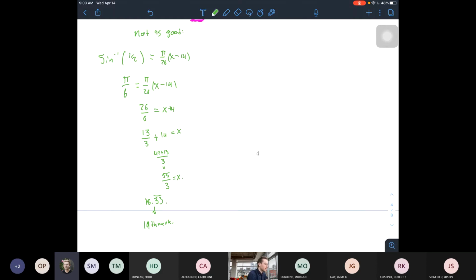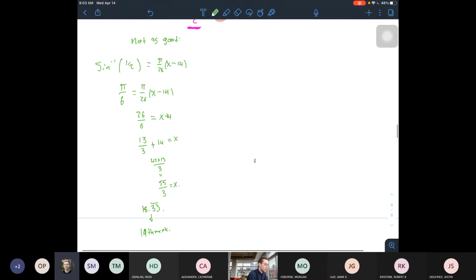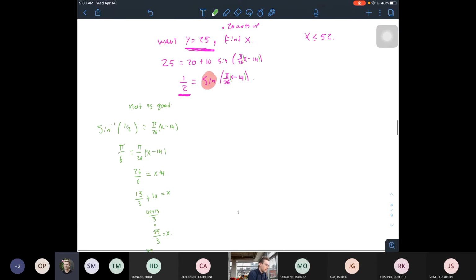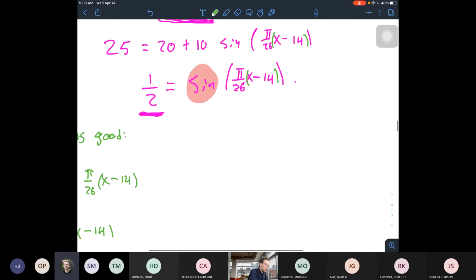So the reason that this method is not as good is the following. If we consider our original equation, which we're trying to solve, the one underlined in this red highlighter here, this equation has many solutions.